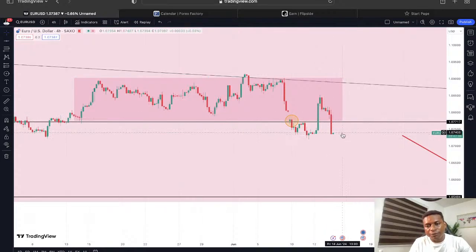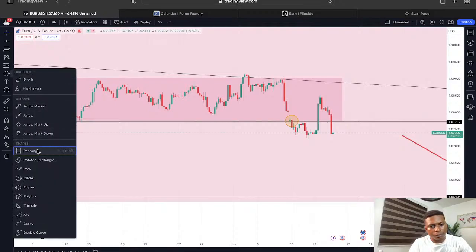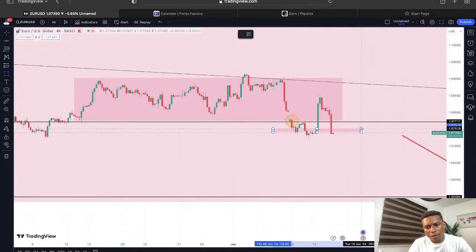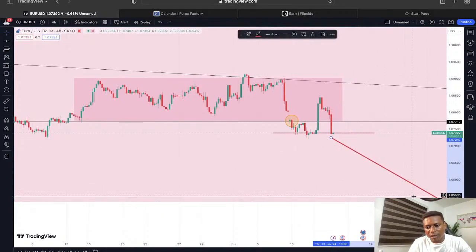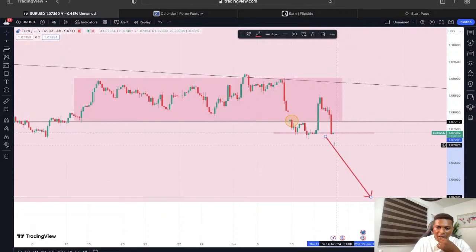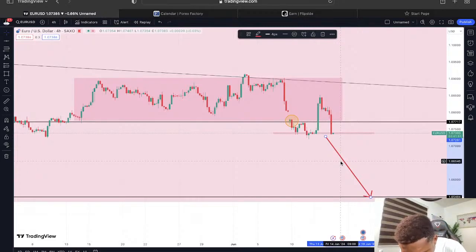If the market closes below this level, where we can see the price currently seated, we might just see a continuous drop in price.